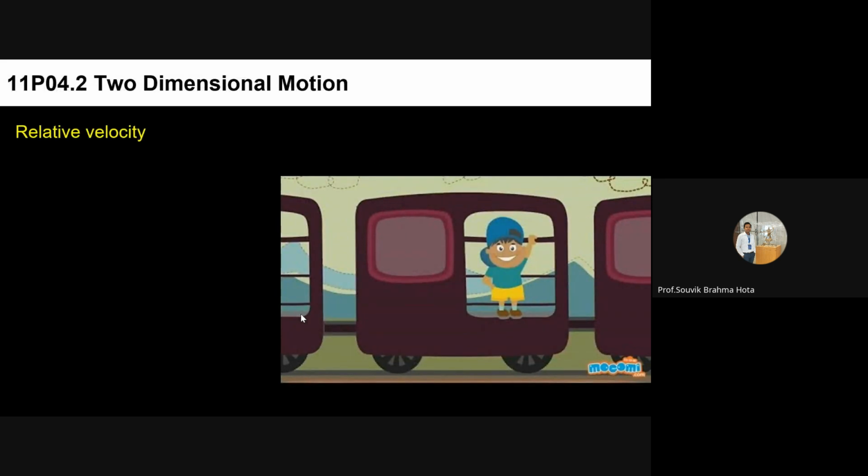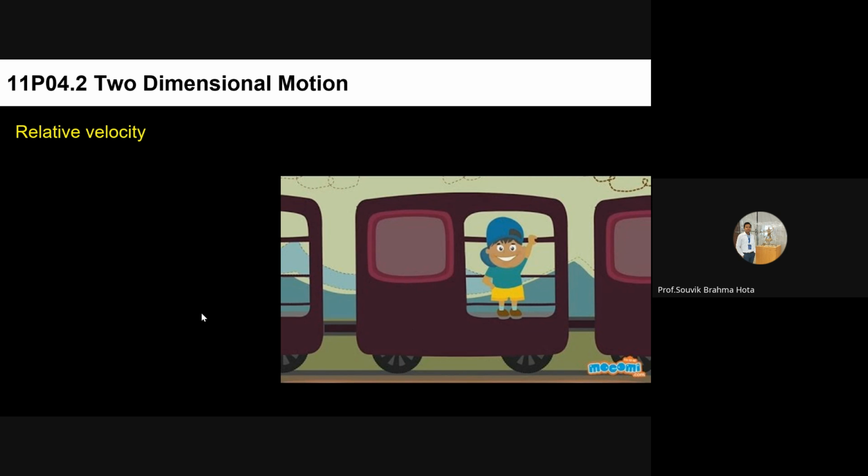Now comes the relative motion. Once we do relative motion in 2D, what should we remember? Here, somebody is standing on a train.